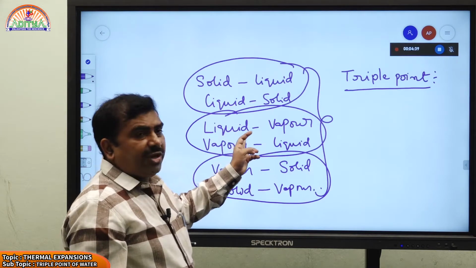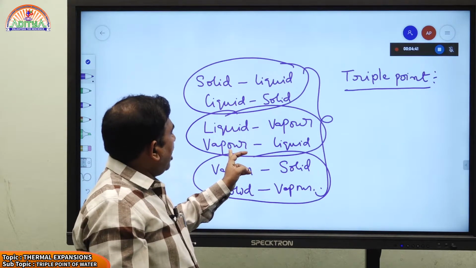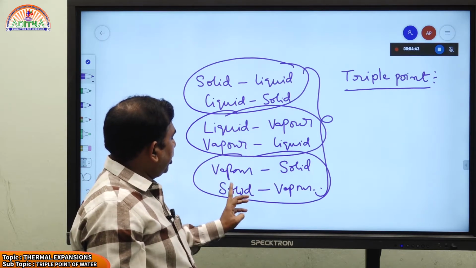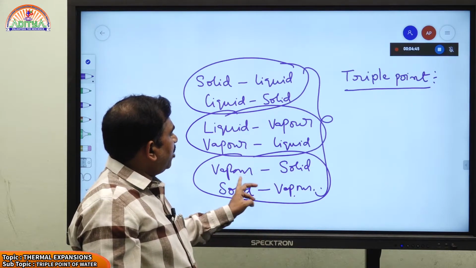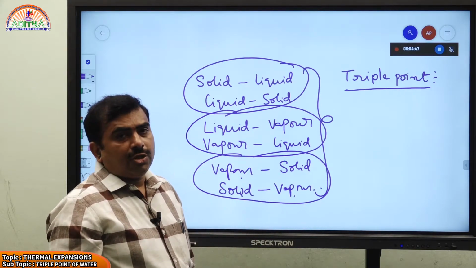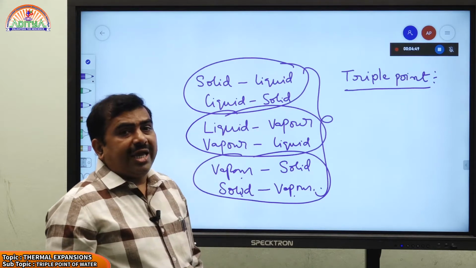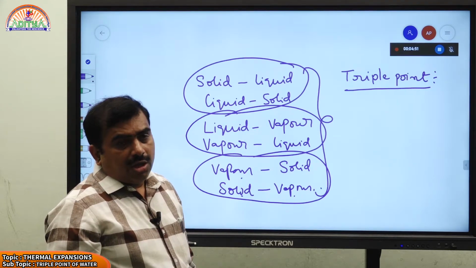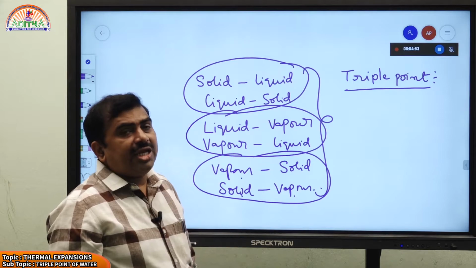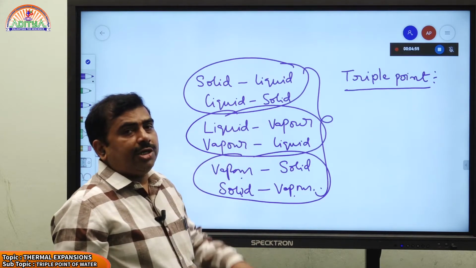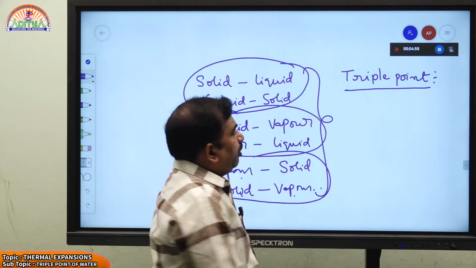In the second state, liquid may convert into vapor, vapor into liquid. In the third state, solid may convert into vapor or vapor into solid. All these three states exist in equilibrium at a particular point. Such a point is called the triple point.